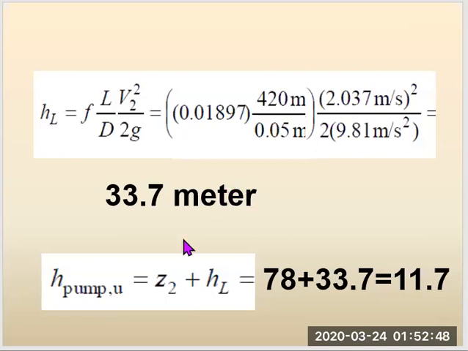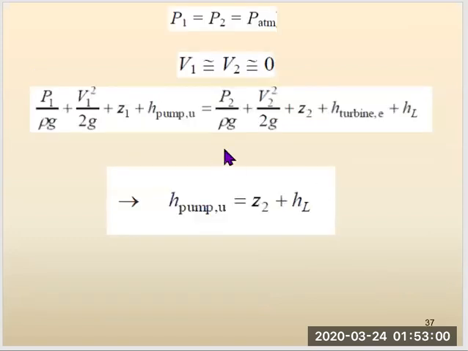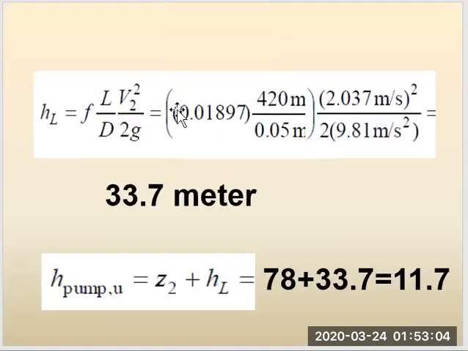HL is 33.7. So the pump head requirement will be equal to Z2 plus HL according to this equation that we derived from the energy equation. 78 plus 33.7 is equal to 111.7 meter.